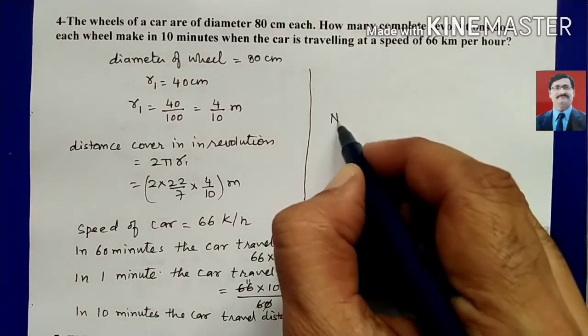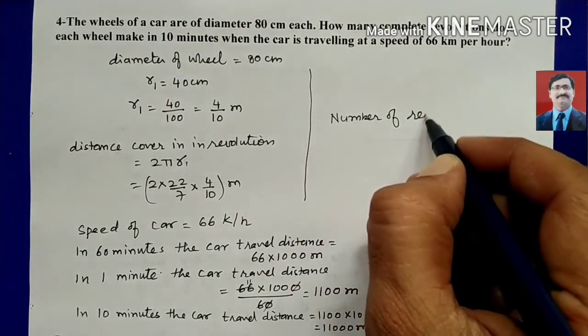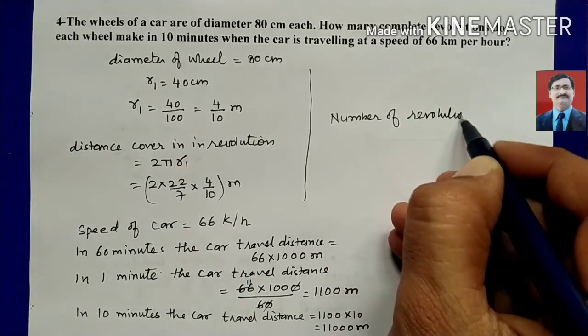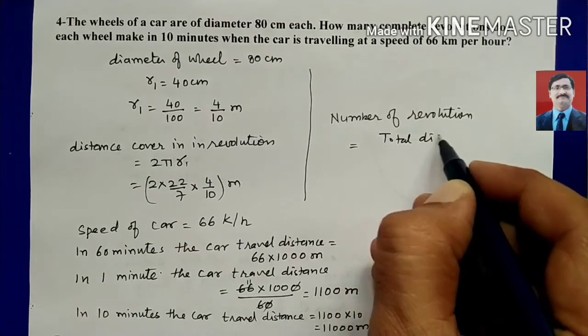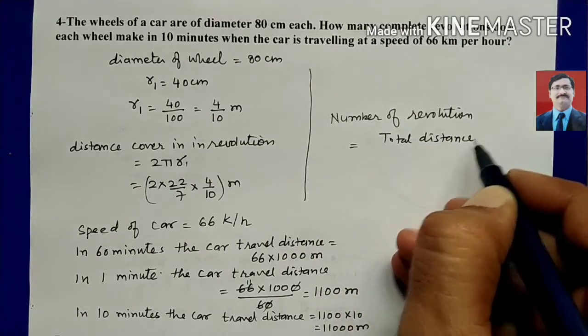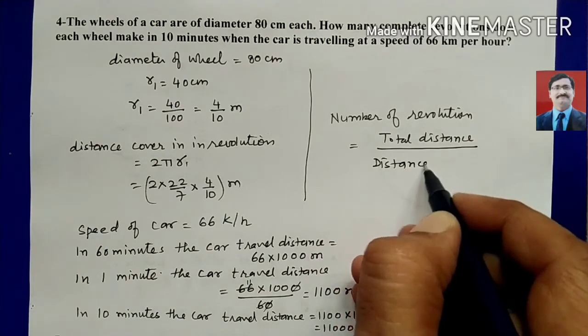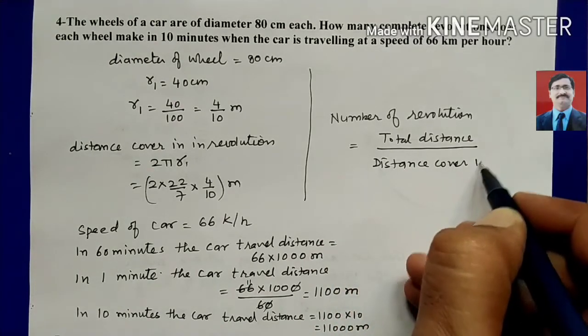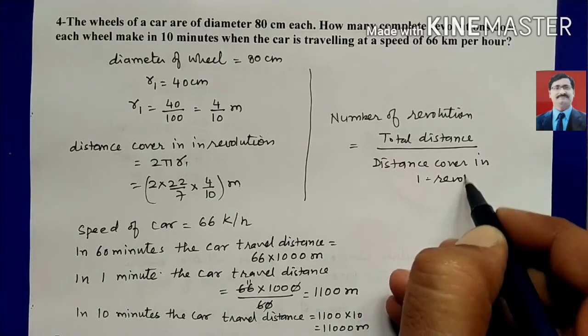So number of revolutions is equal to total distance upon distance covered in one revolution.